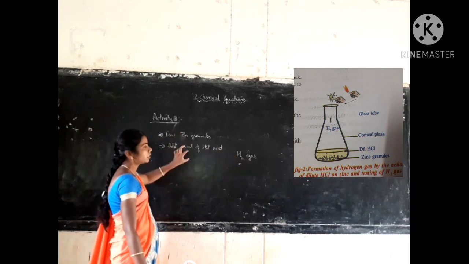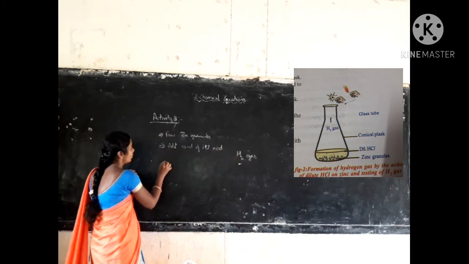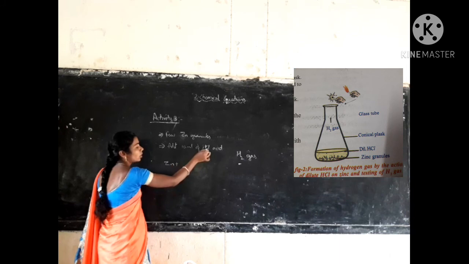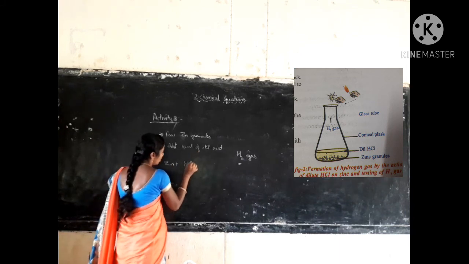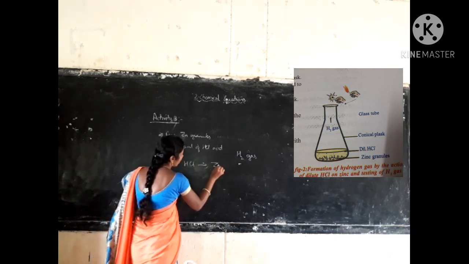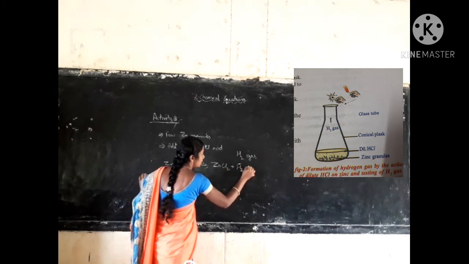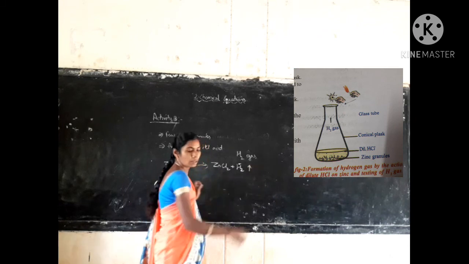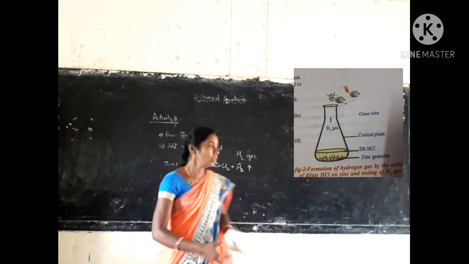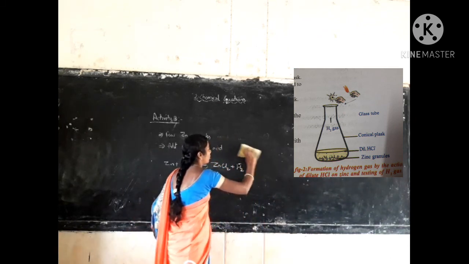So let us see what the reaction is here. Zinc granules, when reacting with HCl acid, form ZnCl2 plus H2, hydrogen. It is a gas, indicated by an upward arrow.